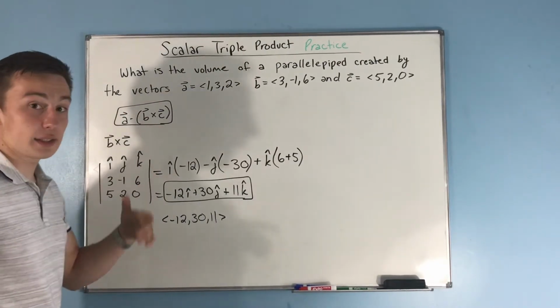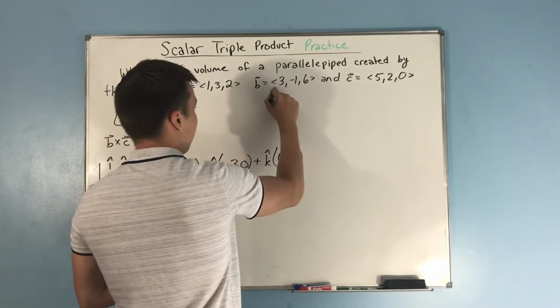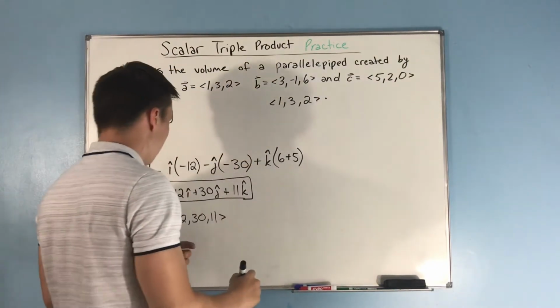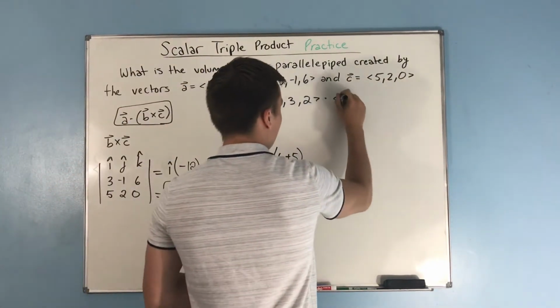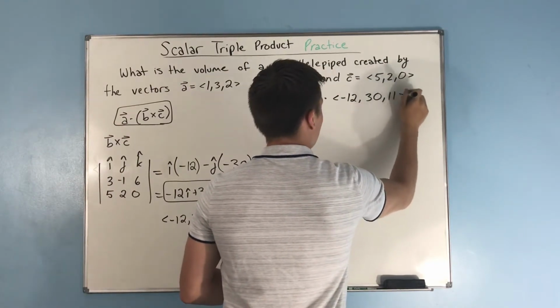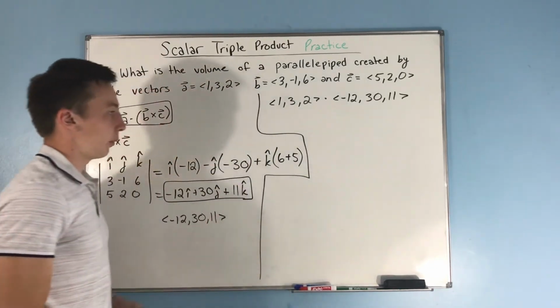We need to now dot this with your A vector. So let's do that here. We have <1, 3, 2> dot <-12, 30, 11>.